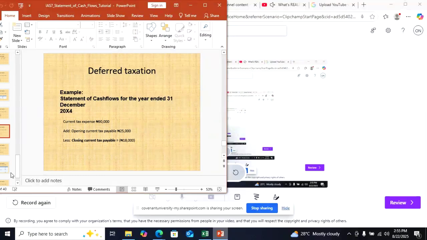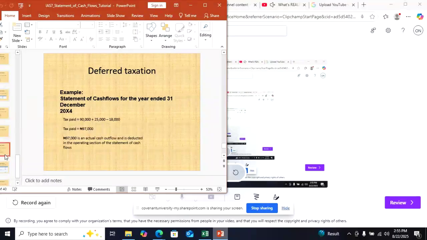Then we add the opening tax payable of 25,000 and less the closing tax payable of 18,000 naira. Therefore, the actual tax paid is 97,000 naira, and this 97,000 naira is an actual cash outflow and is deducted in the operating section of the statement of cash flows.